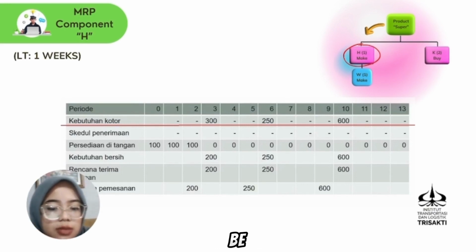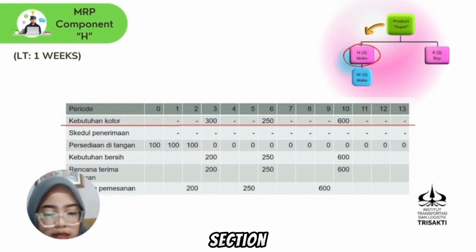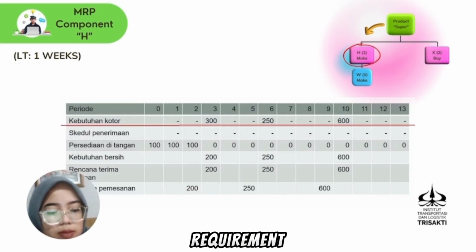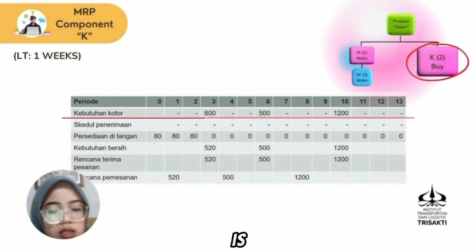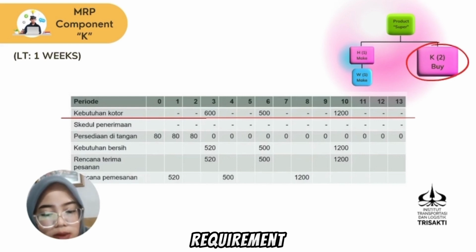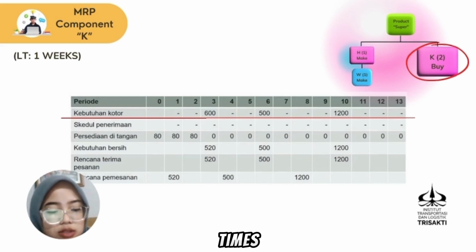However, it should be noted that the order plan in the upper product structure section becomes the gross requirement data in the product structure section below. It is also necessary to pay attention to the quantity required. In component K, because the quantity required is 2, the gross requirement written is 2 times more.